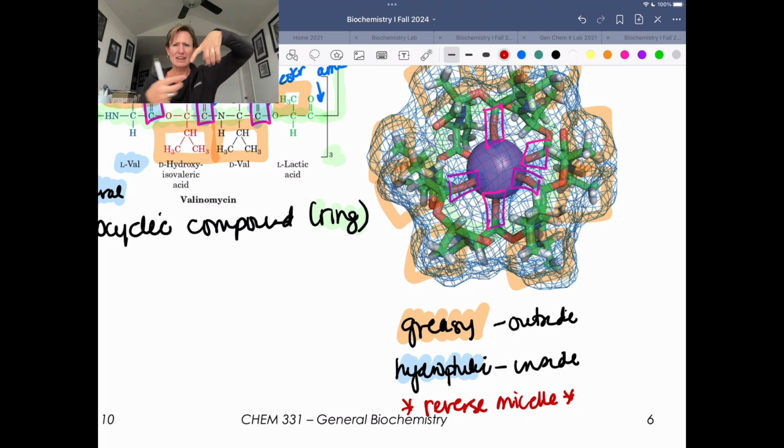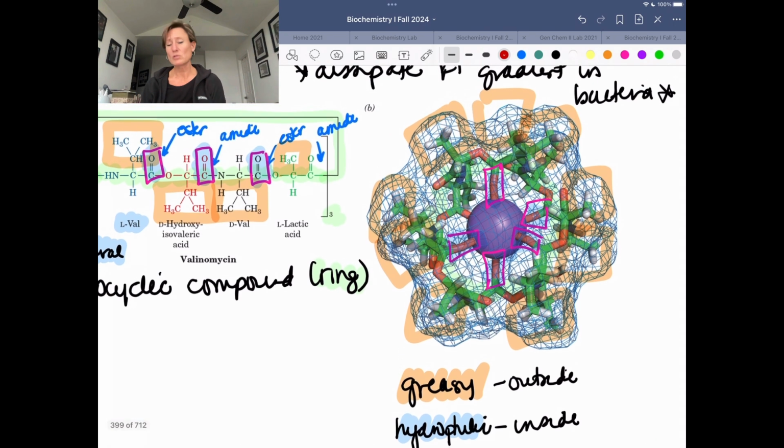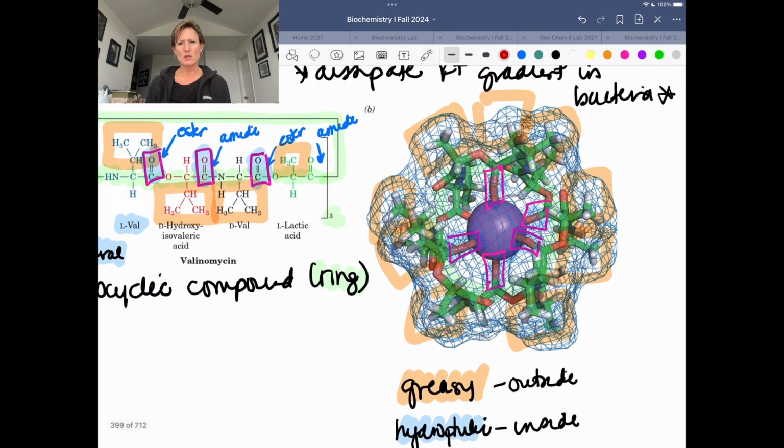All of those greasy tails want to find one another, so they're going to form the center of our micelle, and all the hydrophilic ice cream cone head groups are all going to be on the outside. That's how we typically think of a micelle. This is the opposite. This is like having all of the ice cream in the middle and the cones pointing out, okay? So that's what this molecule is going to look like on a structural level, a reverse micelle.